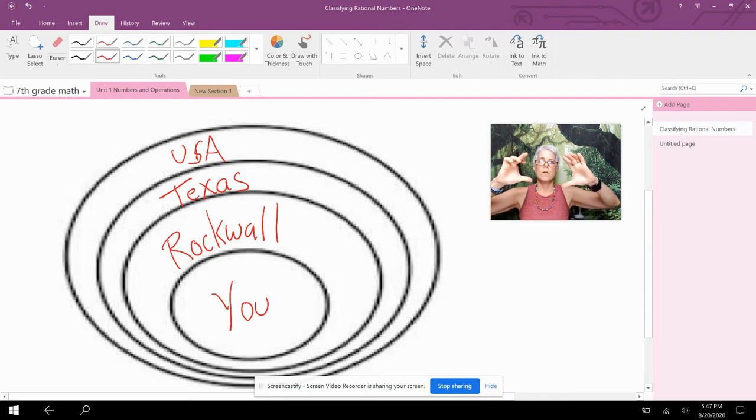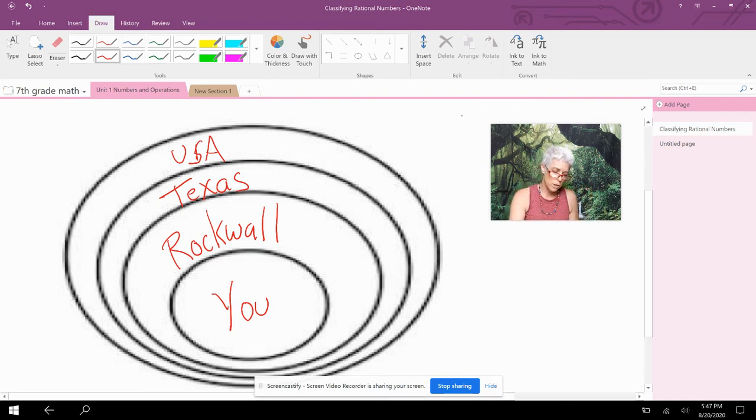Within the circle of the USA, everything inside of it, all the circles inside of it, are included in it. So you, Rockwall, and Texas are all part of the USA. But as the circles go out, everyone in the USA is not you, and everyone in the USA is not in Texas. So that is how a Venn diagram works.